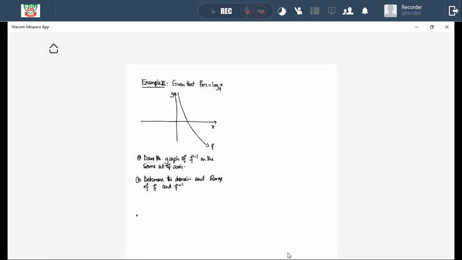Then, determine the domain and range of f inverse. Now, C, is f inverse a function or not? Justify your answer.